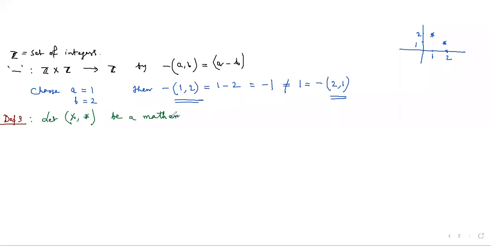Now probably you have understood why I have written definition 2, because first of all, you have to know what we mean by mathematical system. So let (X, star) be a mathematical system of a single binary operation. Single binary operation means only one operation has been defined, that is star. Okay.